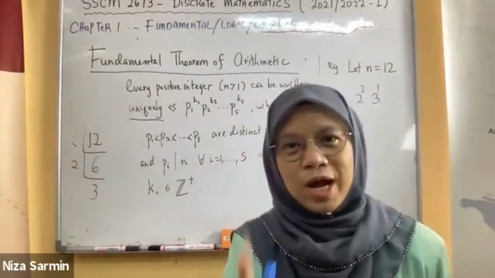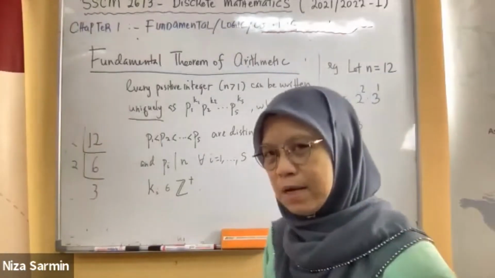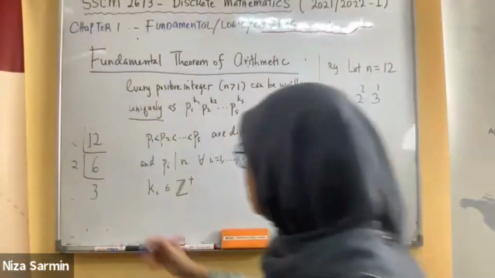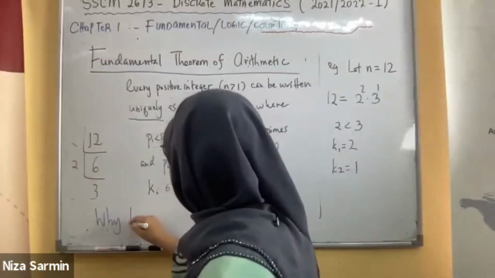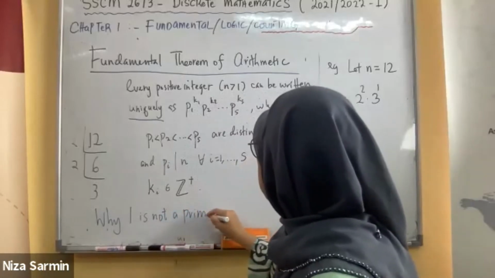If 1 is a prime number, this is proved by contradiction. So why is 1 not a prime?